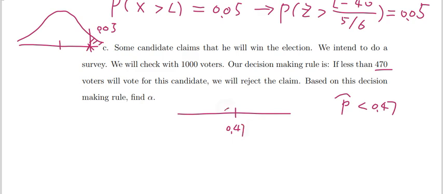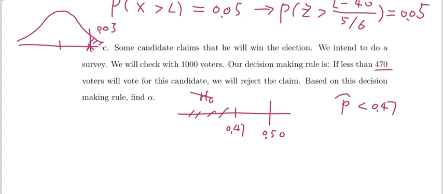The claim is they will win. So let's just say half, right? So this is 50. So here we will reject H0, and this part we will accept H0.